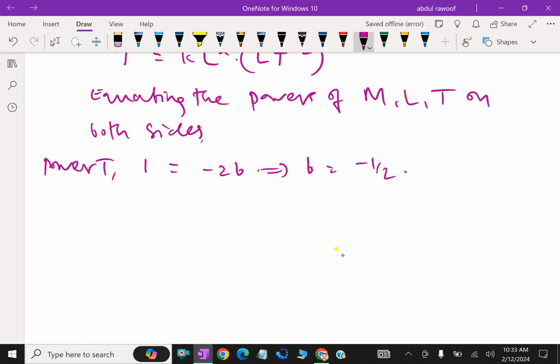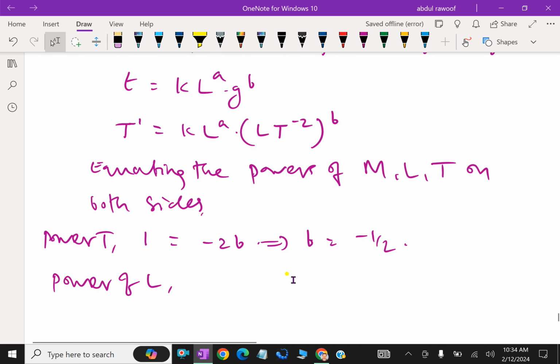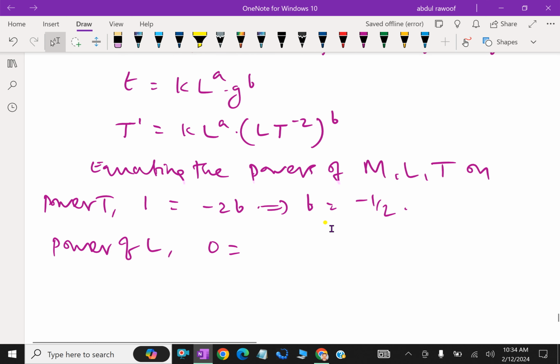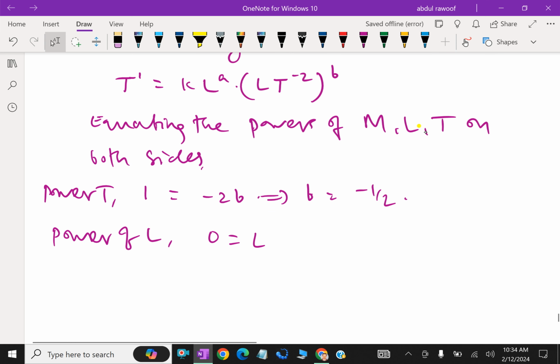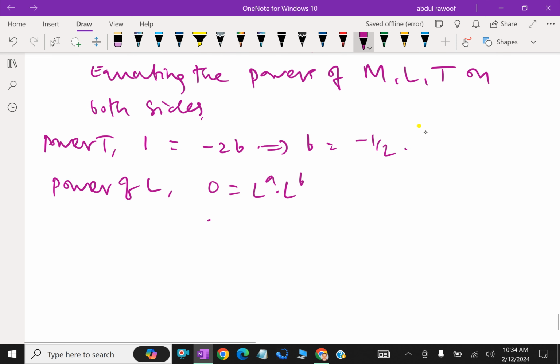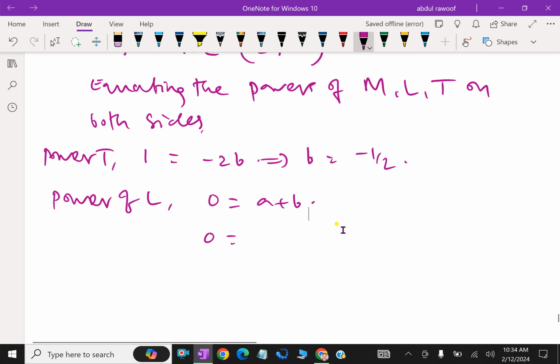Then the power of L. On the left hand side, there is no L, therefore 0 equal to a plus b, because L is here with power a and L is here with power b.